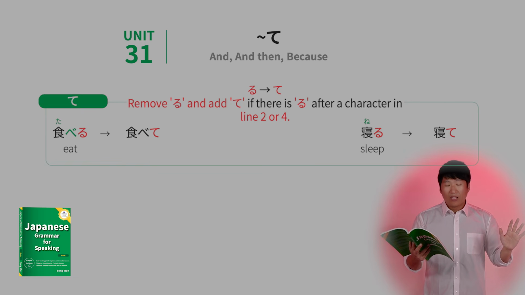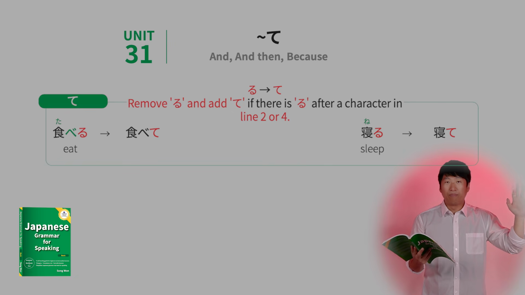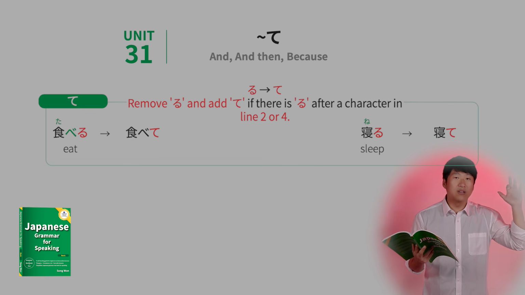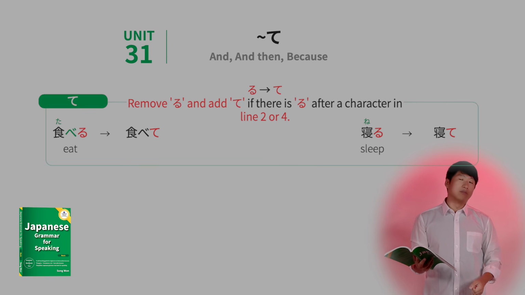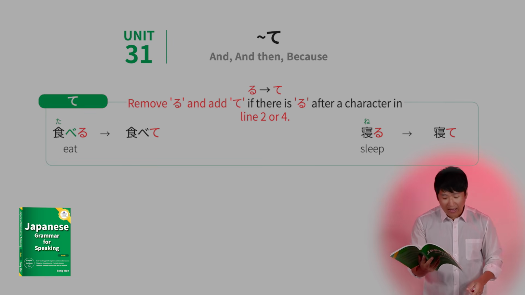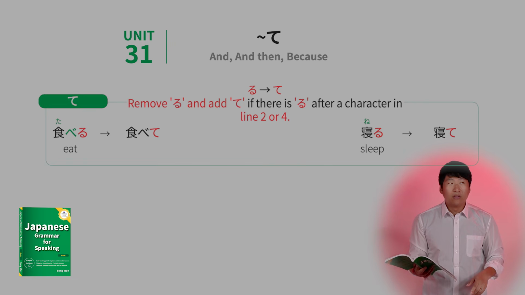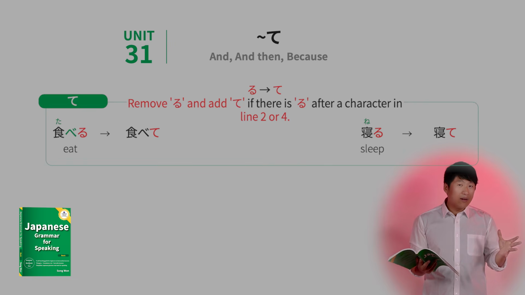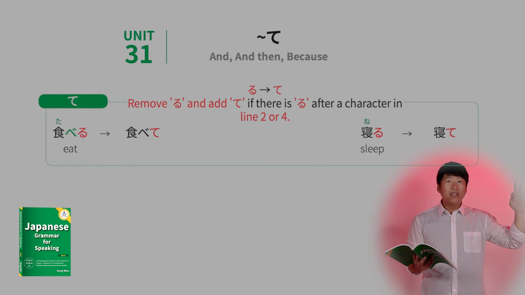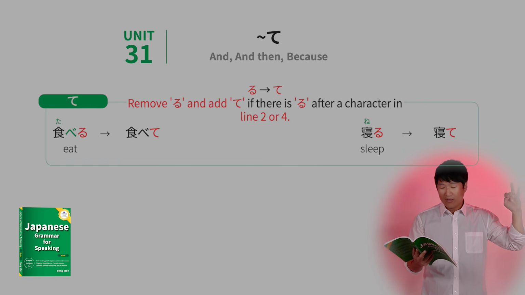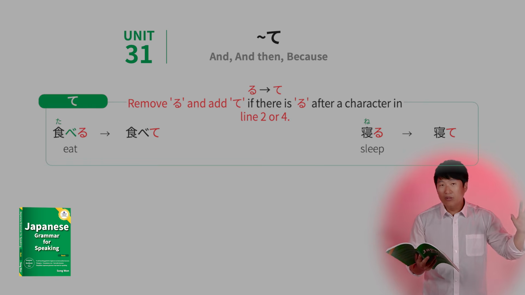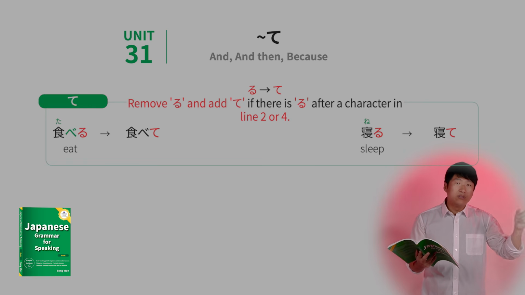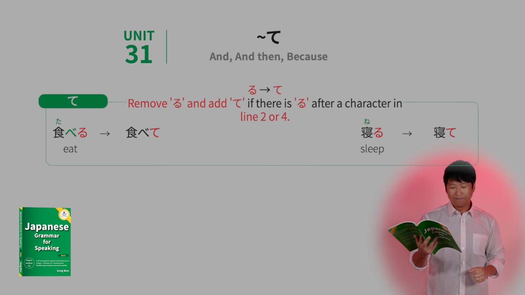Okay, so taberu, be, count it. Ba, bi, bu, be, bo, right? Ba, bi. That belongs to the second line. So we want to get rid of ru and add what? Just te. Okay, next one. Neru. Oh, there's ru. And we have to count ne, right? Na, ni, nu, ne, ne. It belongs to the fourth line, right? So get rid of ru and add what? Te. Neru, nete. Just like that.